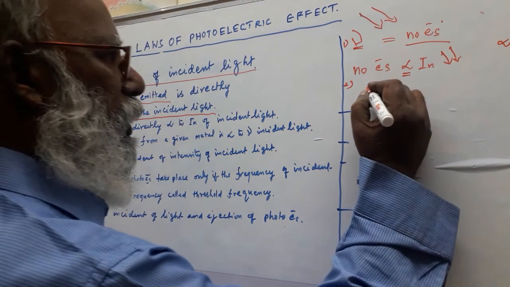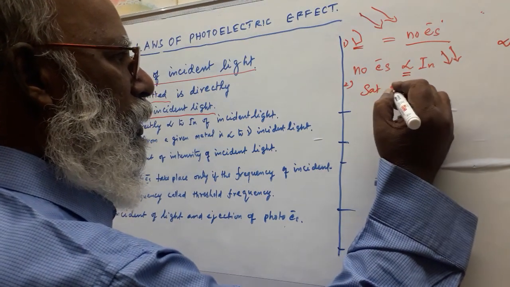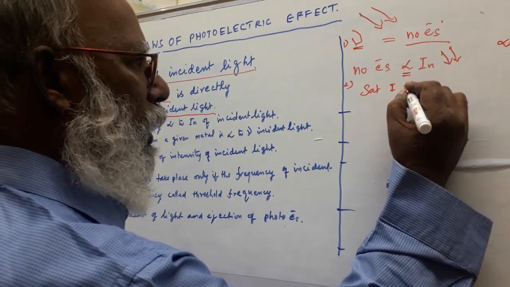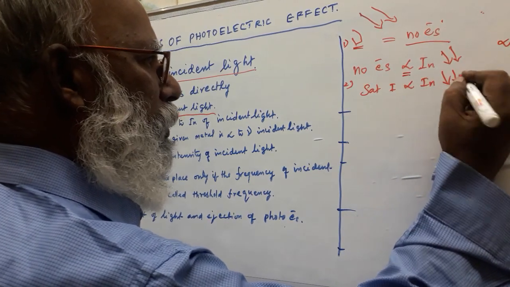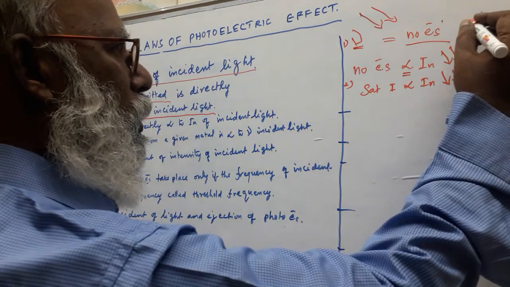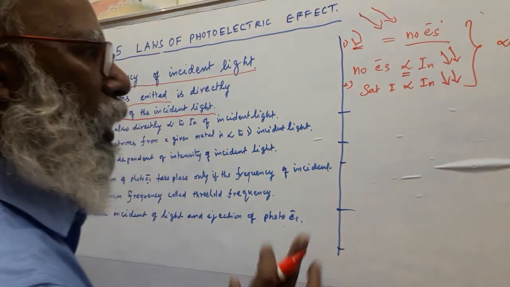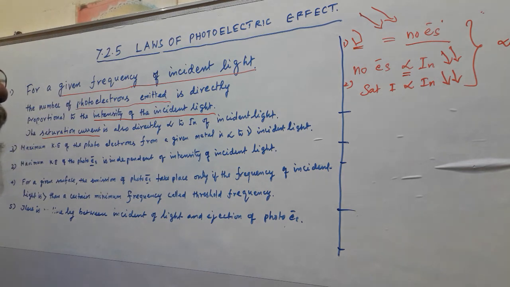The saturation current is directly proportional to the intensity of incident light rays. These two combined are called the first law of photoelectric effect.